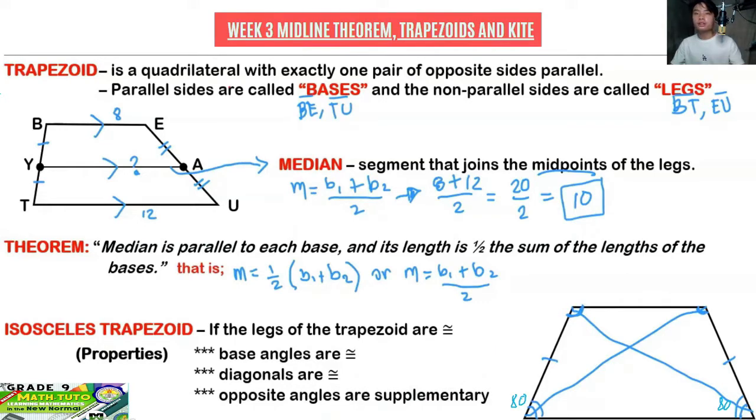So, for example, ito ay 80. Ilan ang kulang niya para maging 180? So, we have 100. Since nakuha na natin ito, pakukuha natin yung sa kabila, which is also equal to 100. Since base angles are congruent sa taas and sa baba. If the diagonals is 5, what will be the second diagonal? That is also equal to 5, since the diagonals are congruent.